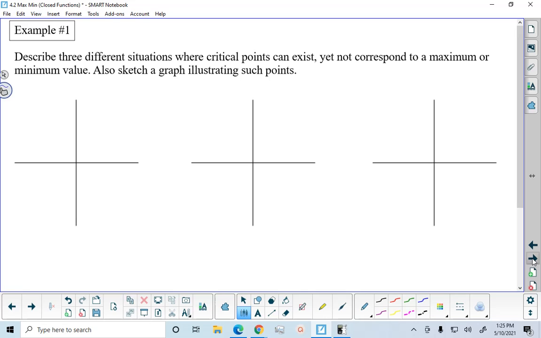And I know I'm really pushing it today and really challenging you to think about these things, but I think it's important. How can a graph have a slope of 0 at a point, but not be a maximum or a minimum?